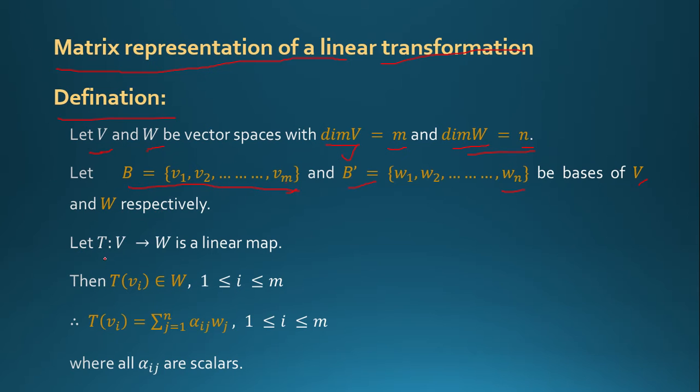Let T from V to W be a linear map, then T of Vi belongs to W, for 1 less than or equal to i less than or equal to M. So T of Vi is equal to summation j is equal to 1 to N alpha ij Wj, for all alpha ij scalars.